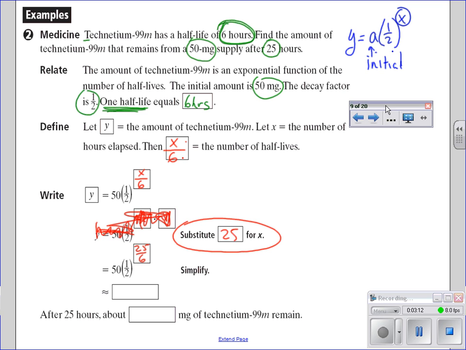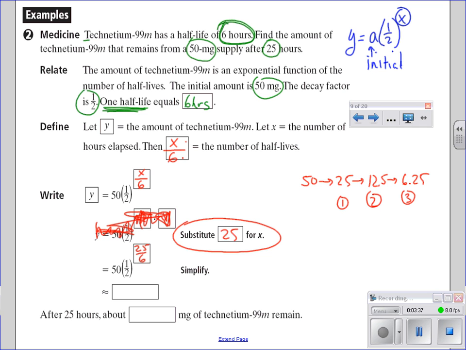So let's do a little estimate. I had 50 milligrams. After one half-life, after 6 hours, I would have 25 milligrams. After 2 half-lives, I would have 12.5 milligrams. After 3, I would have 6.25.